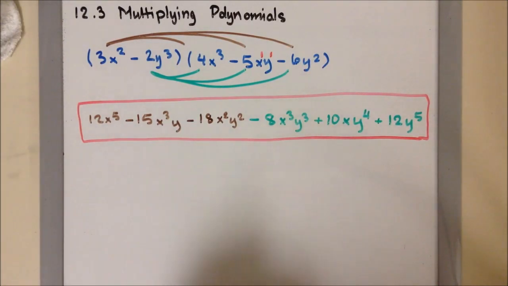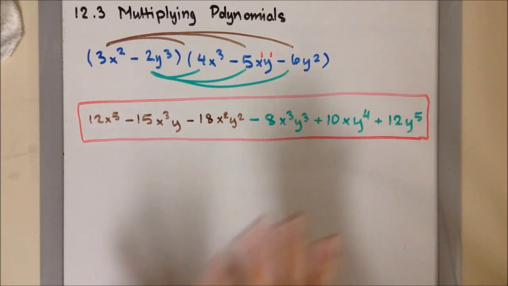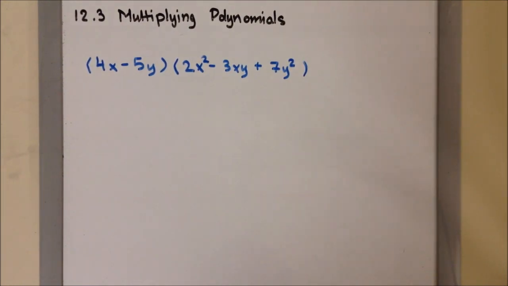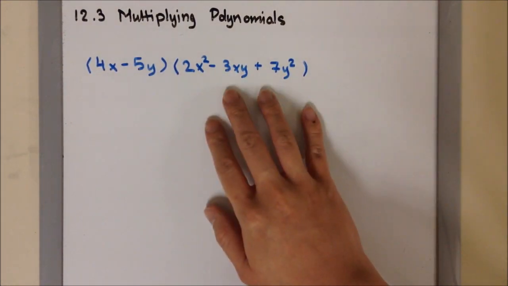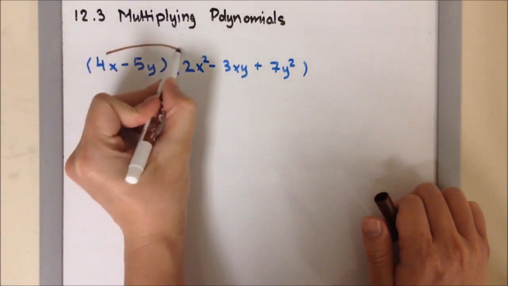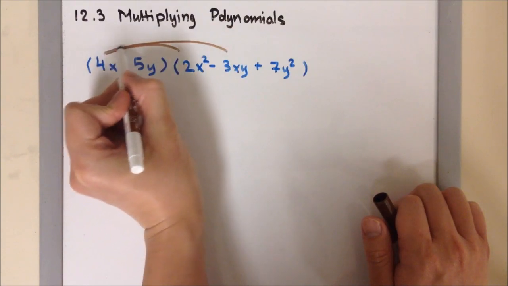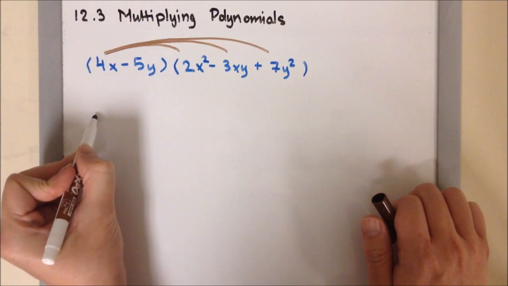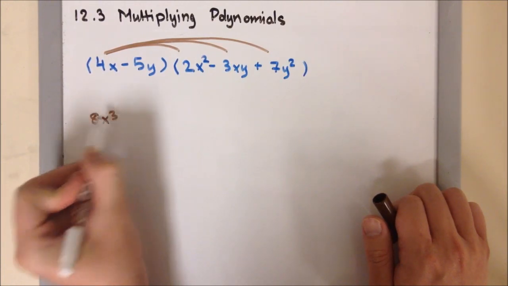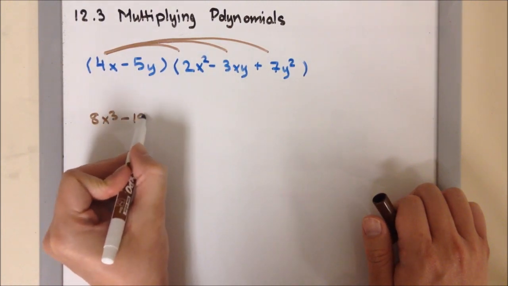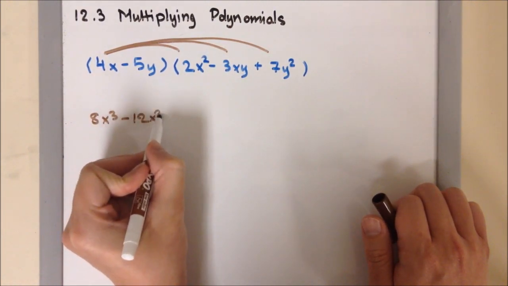And then always double check when you're multiplying with different signs or the same sign. Alright, here we have another example of a binomial multiplying with a trinomial. So just like in the last example, we're just going to FOIL. So I'm going to do the first half of foiling. So 4x times 8x squared will be positive 8x to the third. 4x times negative 3xy will be negative 12x squared y.